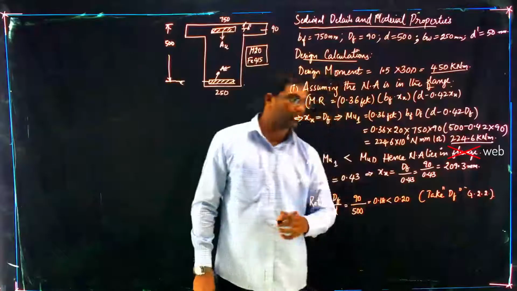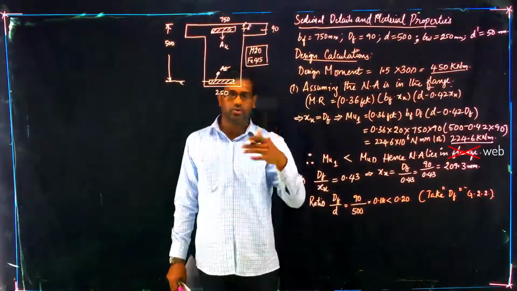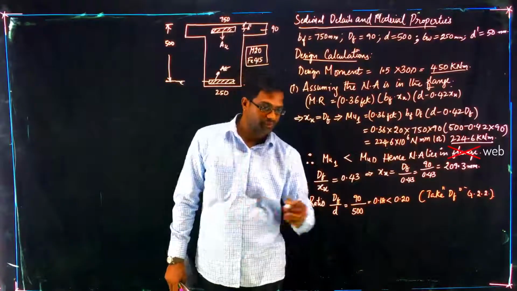So we will use clause number G 2.2. But this is a doubly reinforced section. Remember, you will get another term in compression.